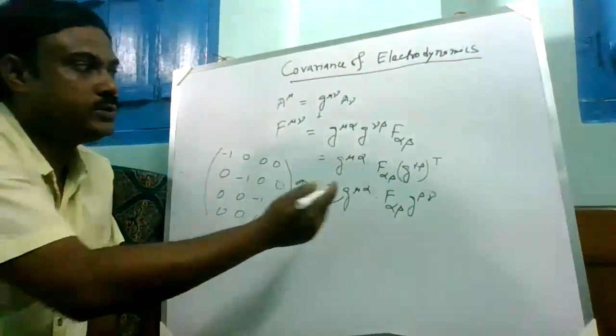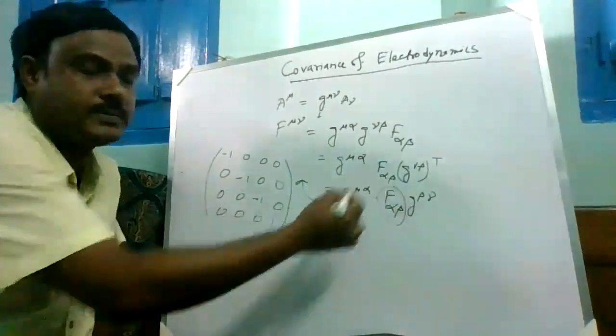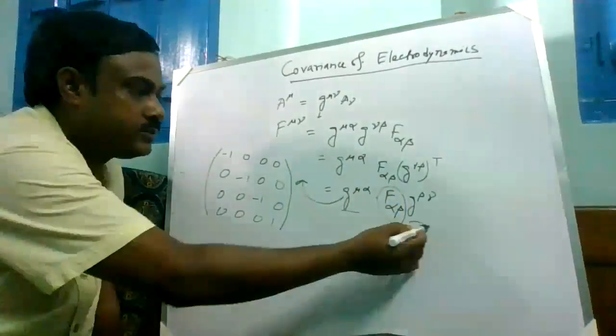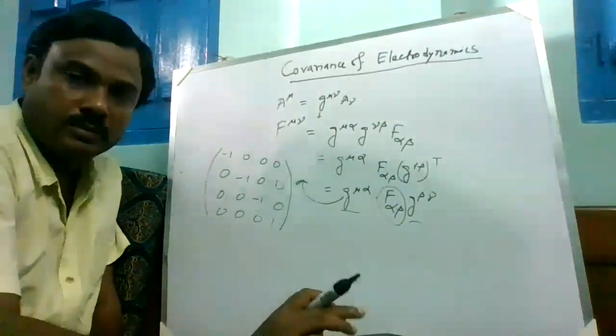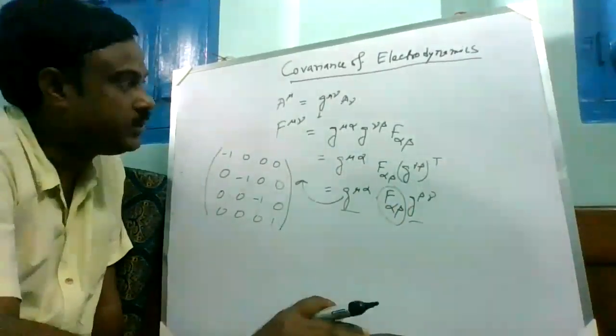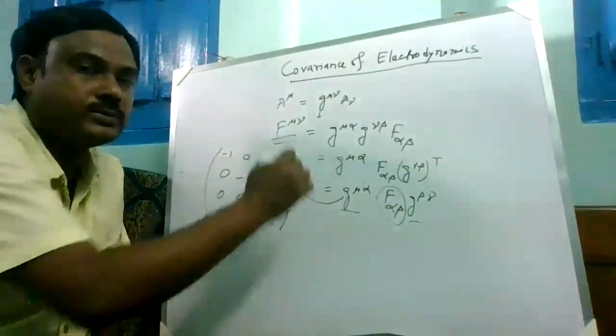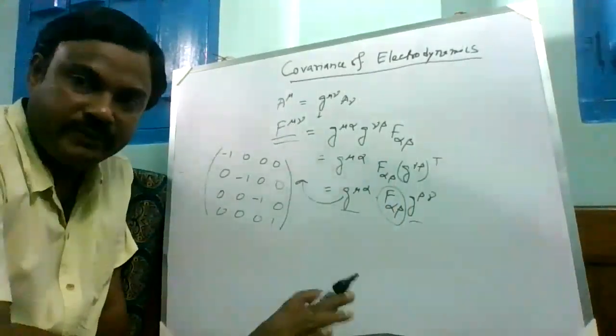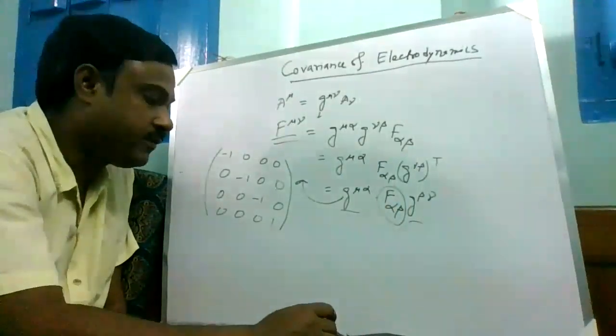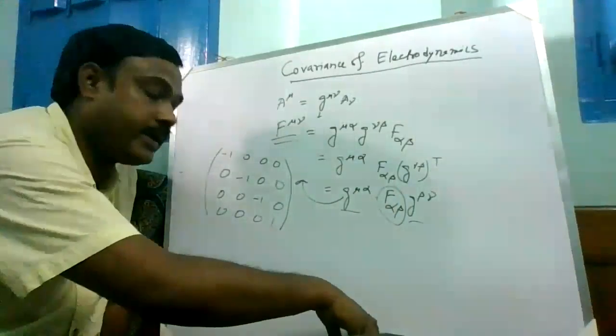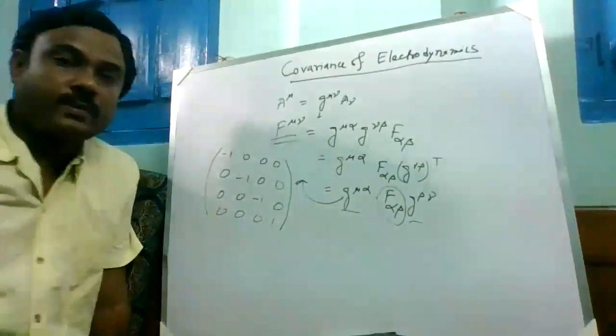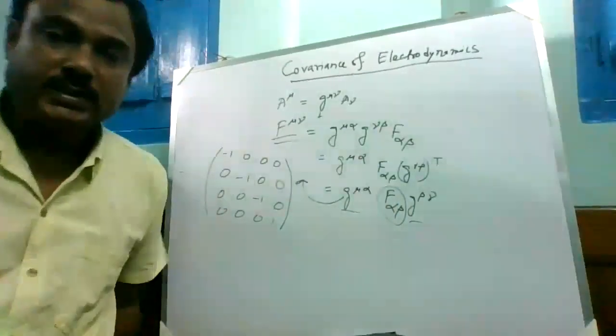Now what you have to do? You know this. Multiply with these two metric tensors, and you will immediately get F. So this is the second step. I am leaving it as a task for you. Do it on your own. You will see that indeed the multiplication works.